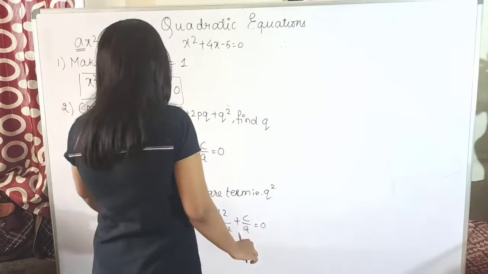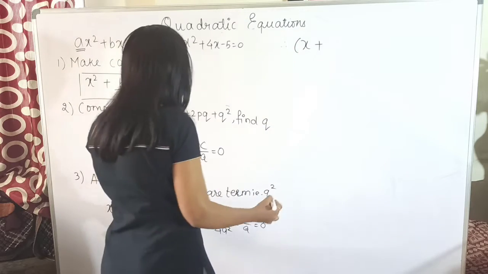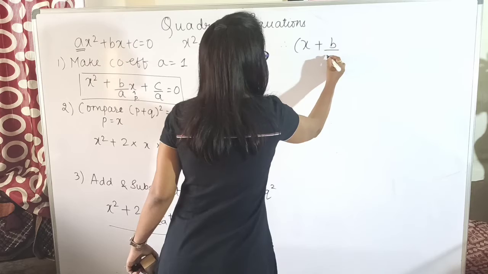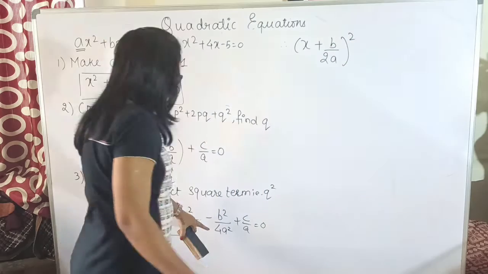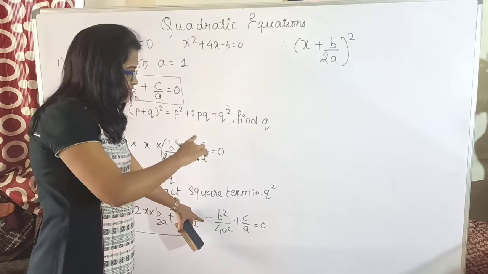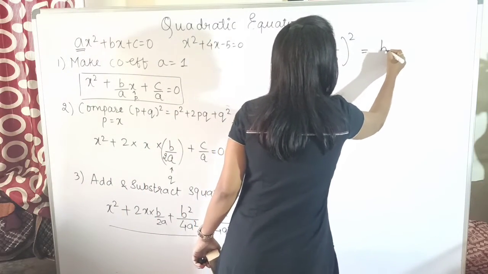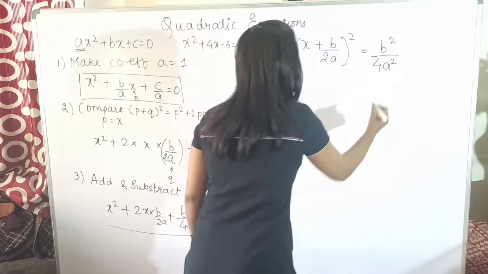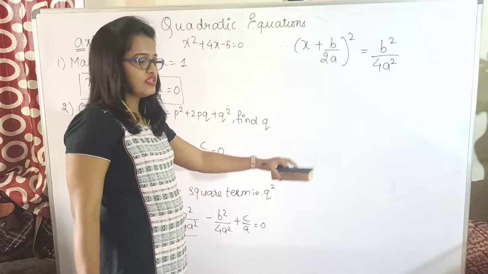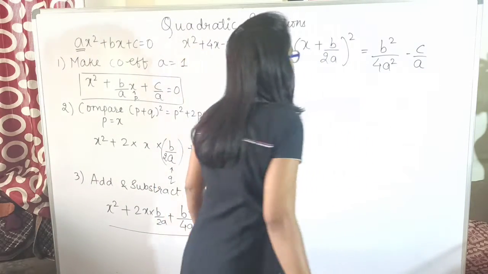Therefore, I will be writing it as p plus q bracket square, that is x plus b by 2a bracket square, and the next term, let us take it on the other side, which is equal to b square by 4a square. Since this was minus, after going on that side it will be plus, minus c by a.